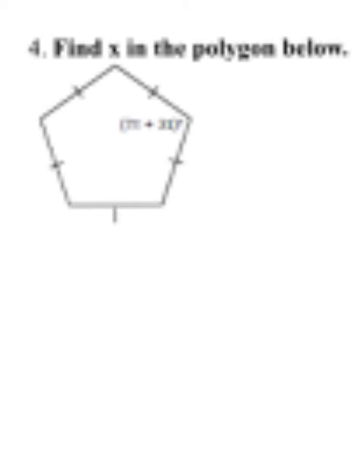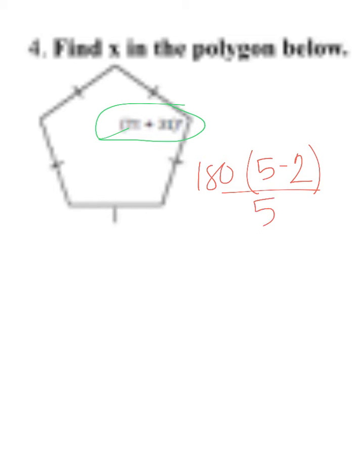Question 4 says find x in the polygon below. I do know this is a regular shape because each one of those sides is marked as equal. So I'm going to start off by finding each interior angle because this 7x plus 31 is located on the inside. So we're going to take 180 times 5 minus 2 and divide our answer by 5 to figure out what each angle is.